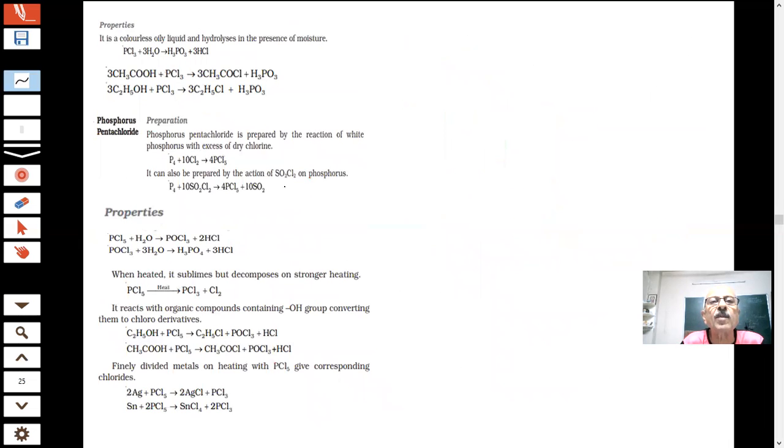Now the properties of PCl3. It is an oily liquid.